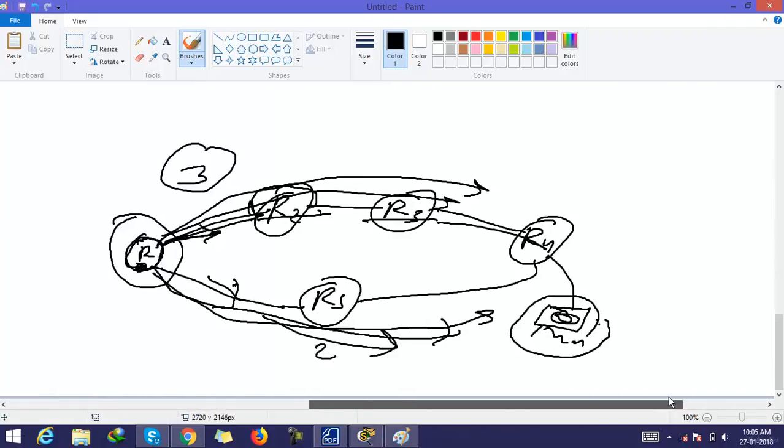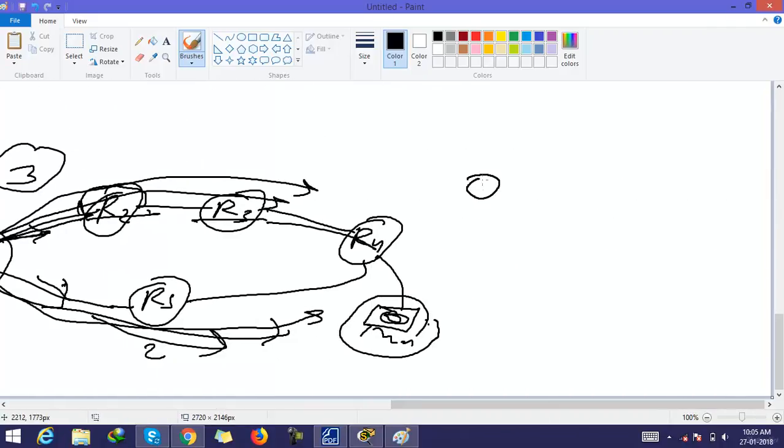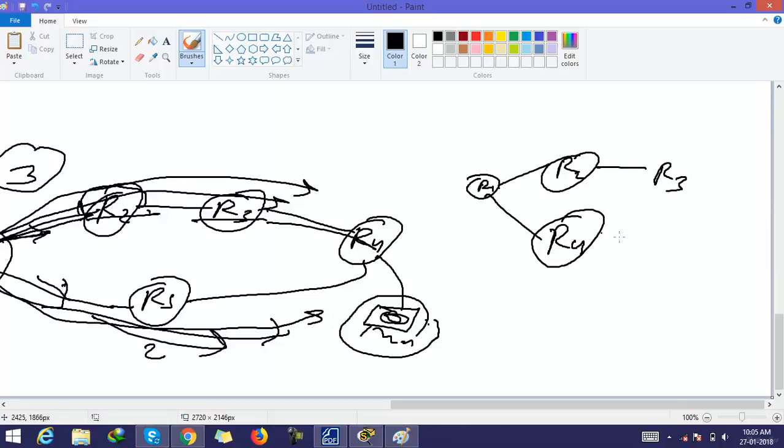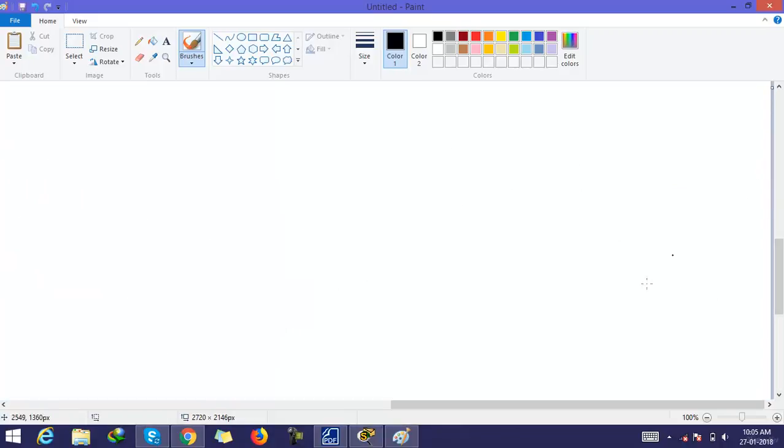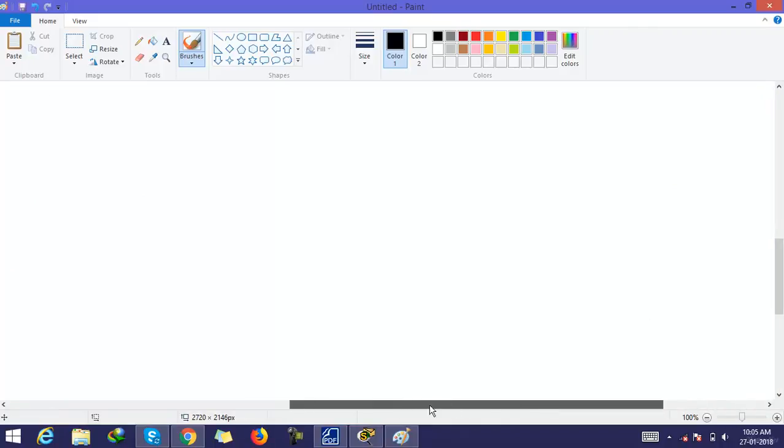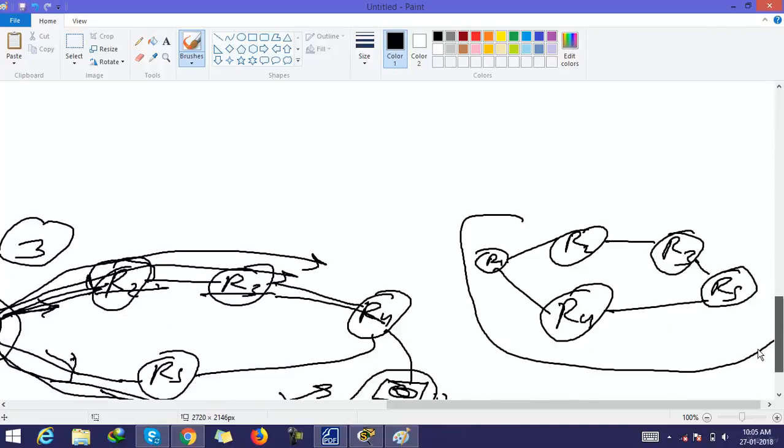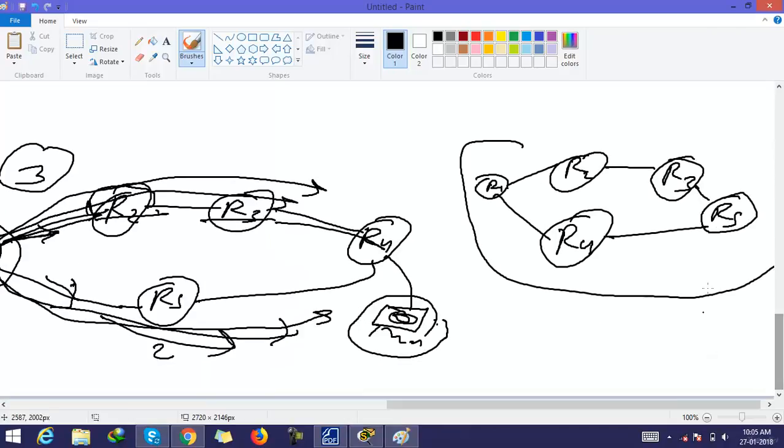For example, this is router 1, this is router 2, this is router 3, this is router 4. In a link state routing protocol, every router has a database.